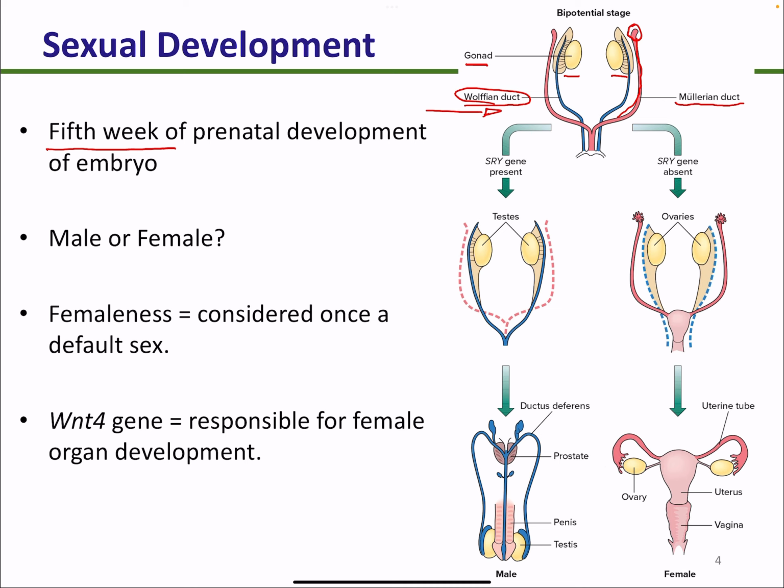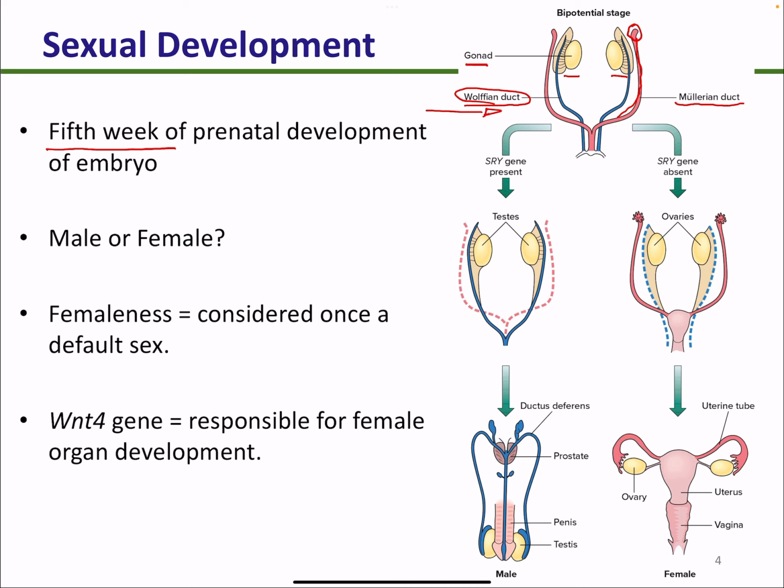But at this point, there is no differentiation as to whether the individual is going to become male or female. The signal they receive later is going to determine if the individual becomes male or female.